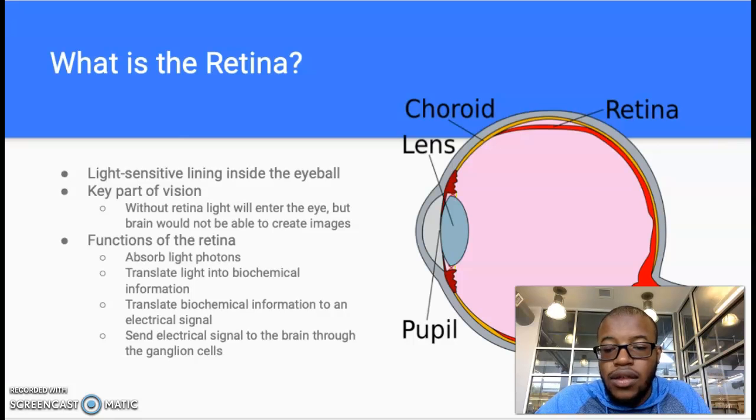As you can see on the right, here's a picture of the eyeball with the inner layer of the retina surrounded by the choroid, and the lens and the pupil on the left side.